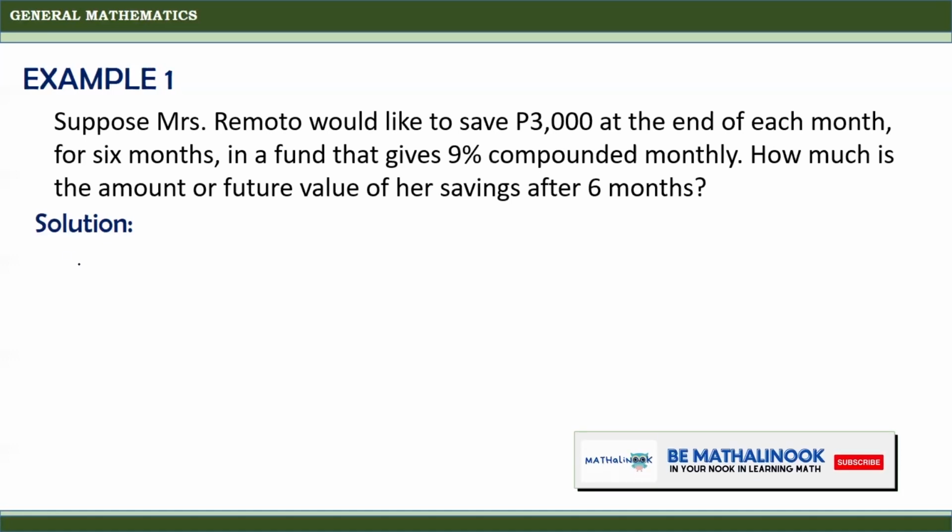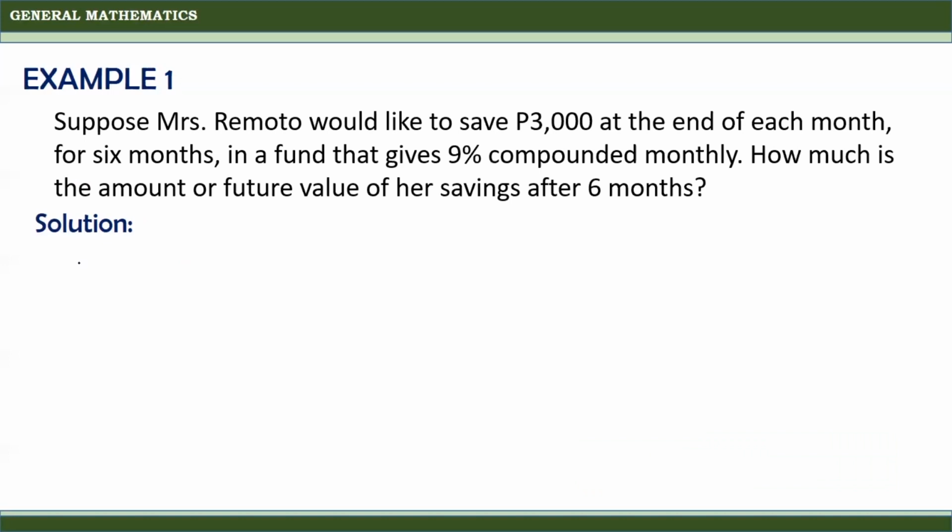Remember that our formula for the future value of annuity is given by F is equal to R times (1 plus J) raised to N minus 1 all over J, wherein R is the regular payment, J is the interest rate per period, and N is the number of payments.